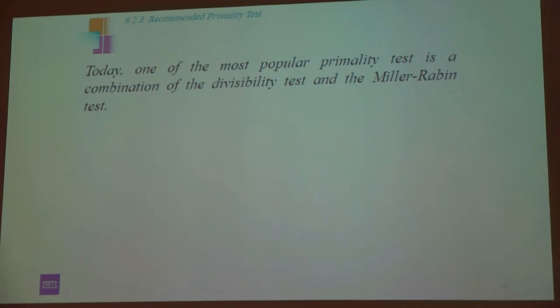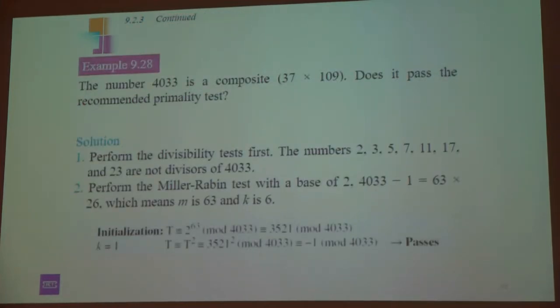Today, one of the most popular primality tests is a combination of the divisibility test and the Miller-Rabin test. So here, the number 4033 is a composite, 37 times 107, so it's not a prime. Does it pass the primality test?